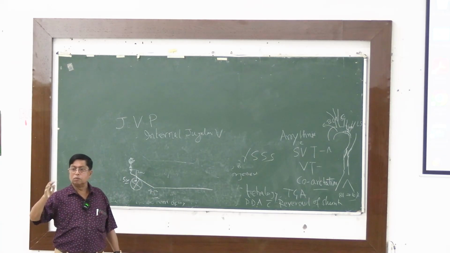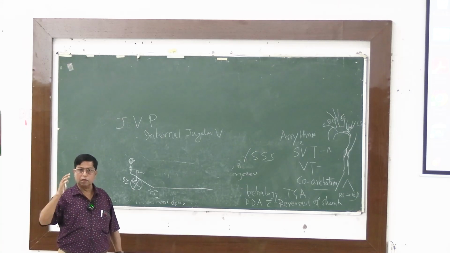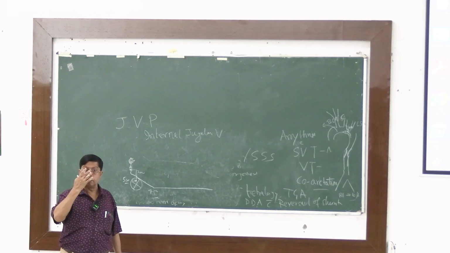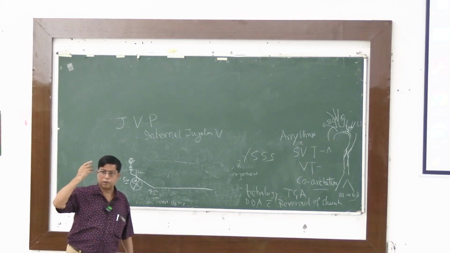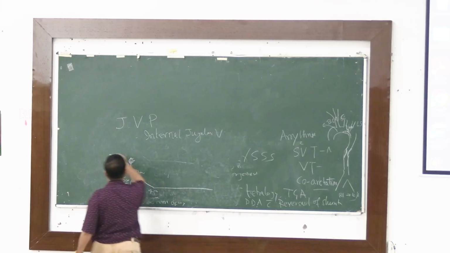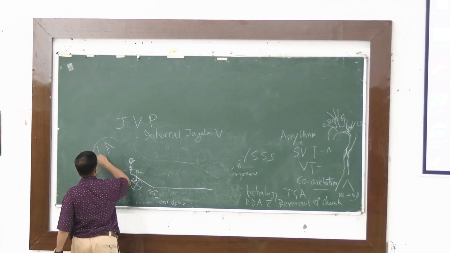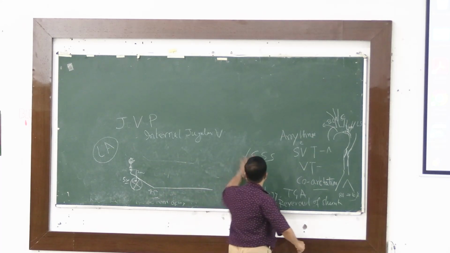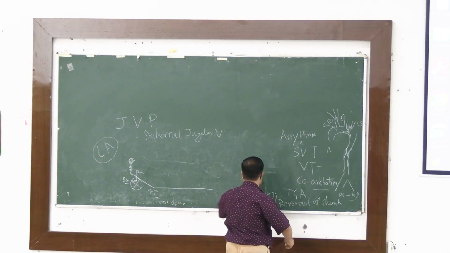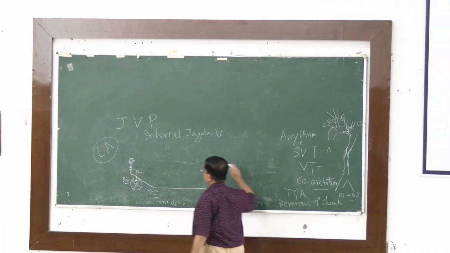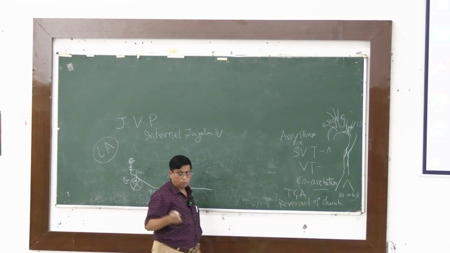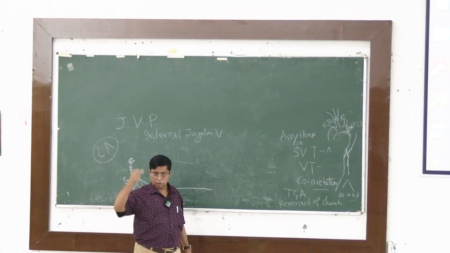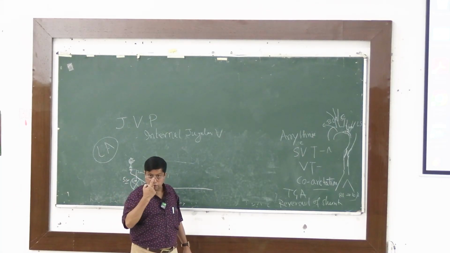As I have told you, the JVP indicates the pressure of the left atrium. So if there is any cause that makes the left atrial pressure go up, then the JVP will be raised. Suppose there is mitral stenosis: the left atrial pressure will be high because the left atrium has to push the blood against resistance.